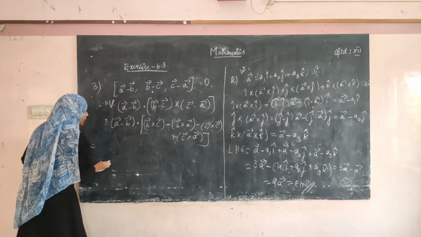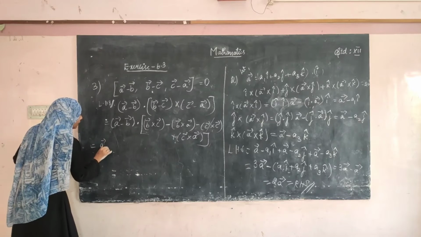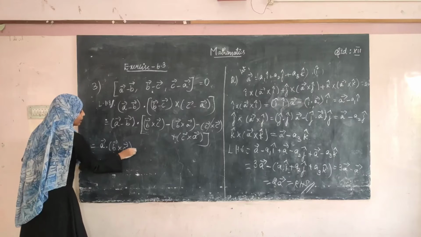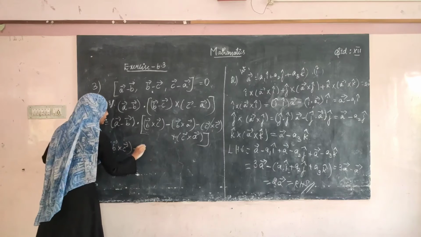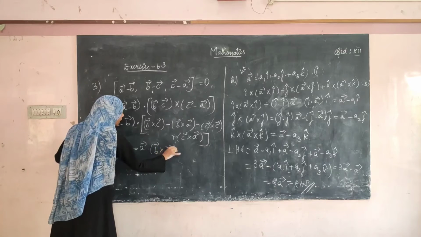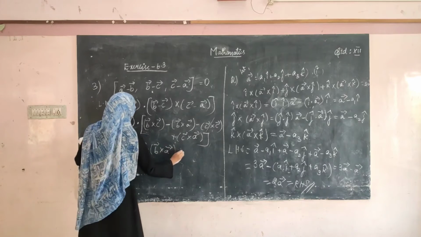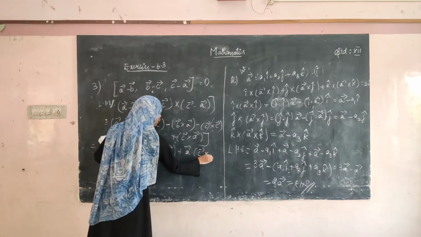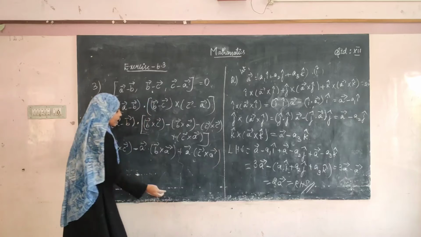Okay, so this is A vector dot B vector cross C vector, and then minus is there outside, and this is A vector dot B vector cross A vector, and then plus A vector dot C vector cross A vector. Again we have to do it for 3 terms.